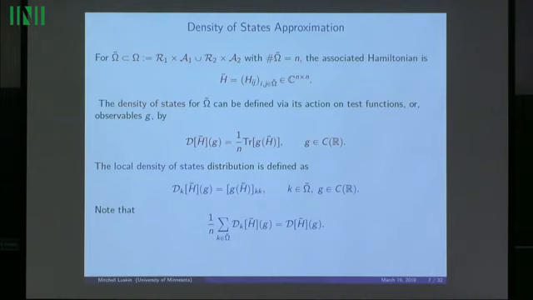Now, it's very important to think about what's called the local density of states. The local density of states are simply the individual diagonal elements. Remember, k corresponds to some lattice point or orbital, and the kk element of this matrix is the local density.